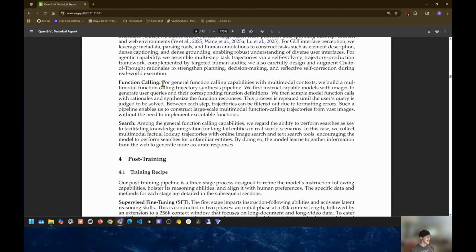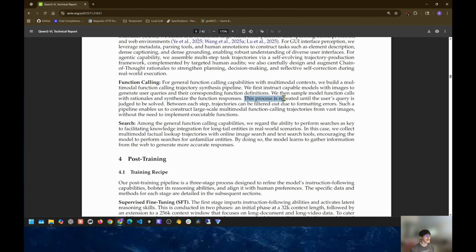Function calling. For general function calling capabilities with multimodal contexts, we build a multimodal function calling trajectory synthesis pipeline. We first instruct capable models with images to generate user queries and their corresponding function definitions. We then sample model function calls with rationales and synthesize the function responses.